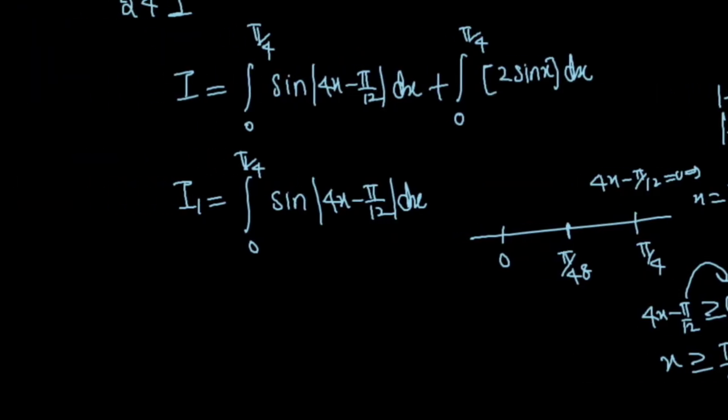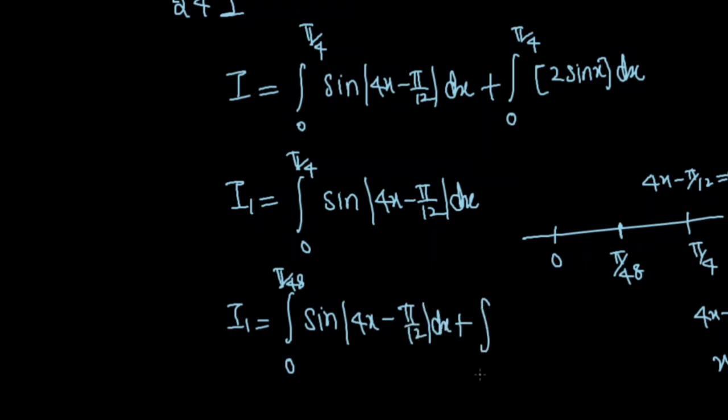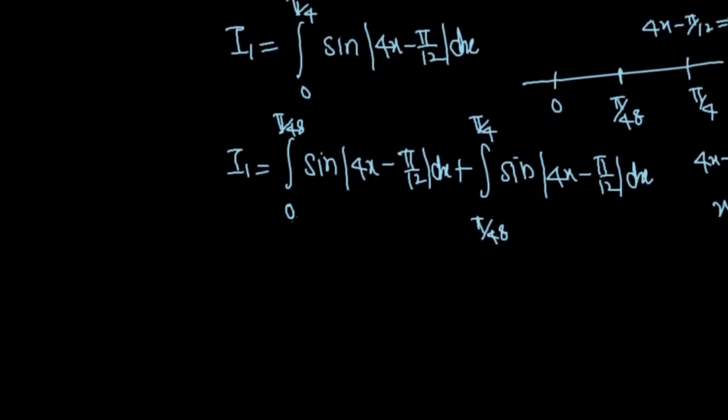Okay, so now the limits we broke from where to where? 0 to pi by 48 sine of mod 4x minus pi by 12 dx plus integration pi by 48 to pi by 4 sine of mod 4x minus pi by 12 mod dx. Okay, so inside 0 to pi by 48, if you substitute any number, you will get negative inside.